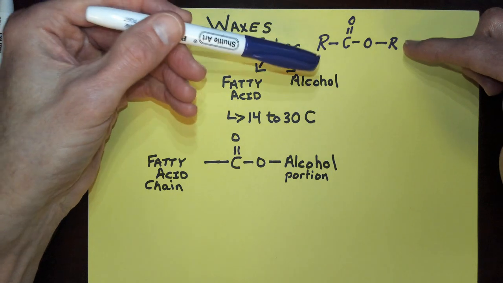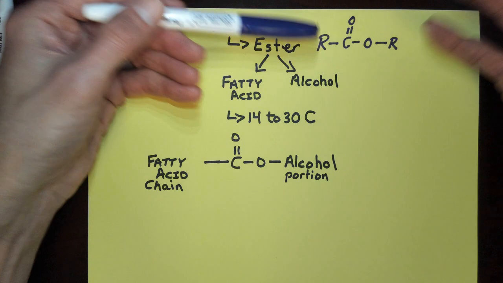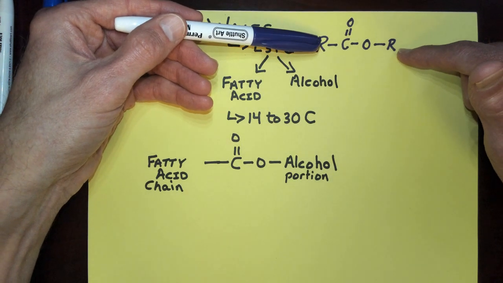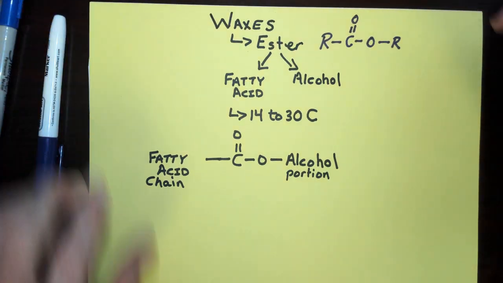Combined here, the range is 30 to 60 carbons total between each one of these R's contributing to the wax, to the ester.